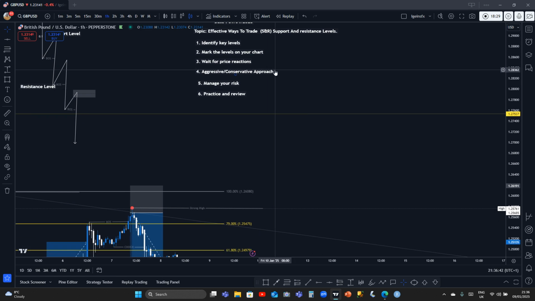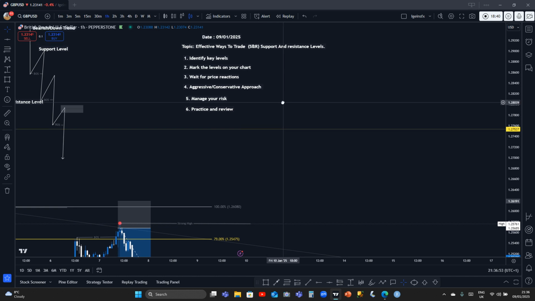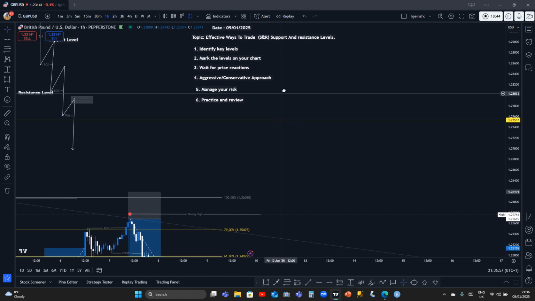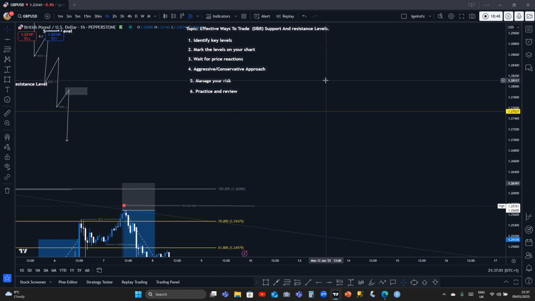You first decide your entry, then where you put your stop loss will tell you what you are risking at that level. But if you decide to add to your position, yes, you can do that, but do it in a very wise manner. Then the last but not the least is to practice and also review your trade.